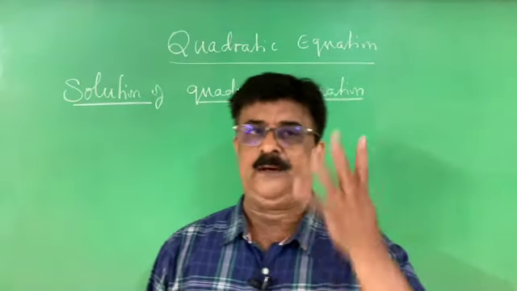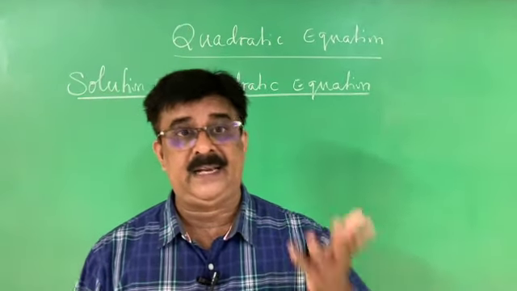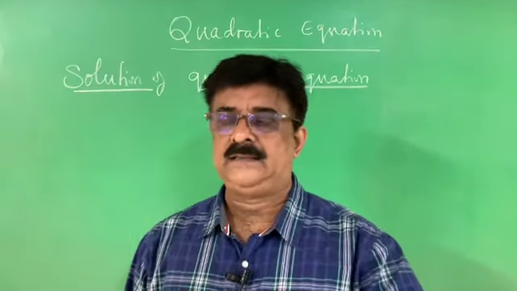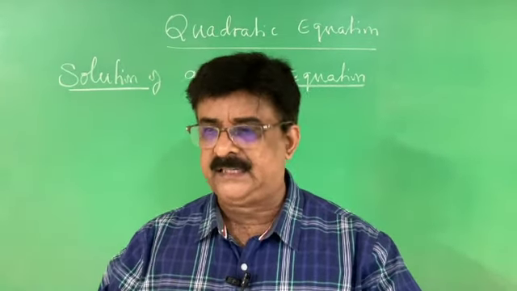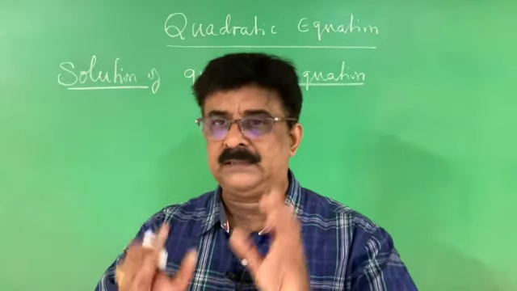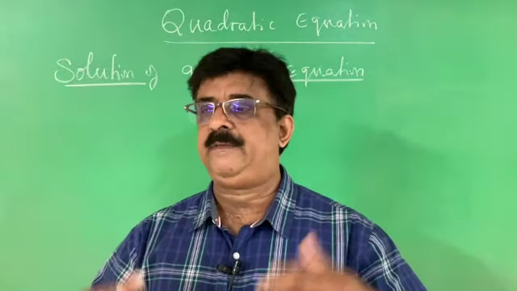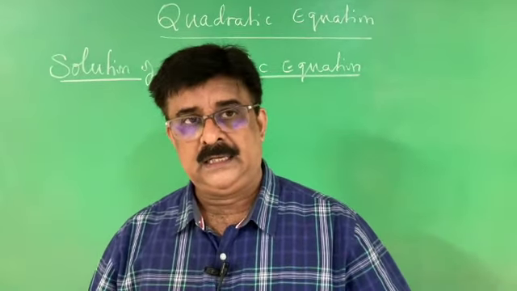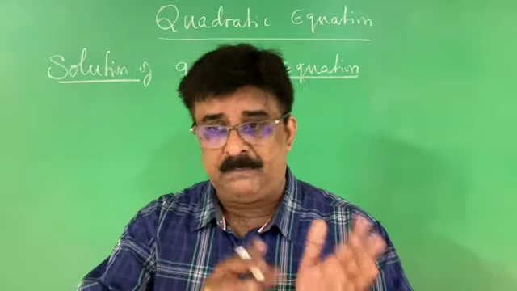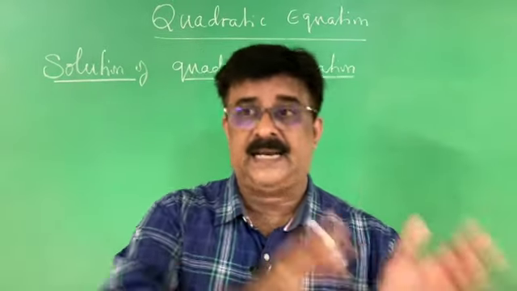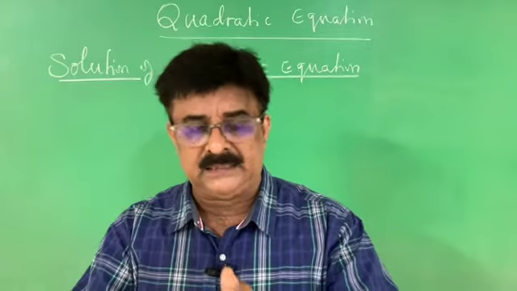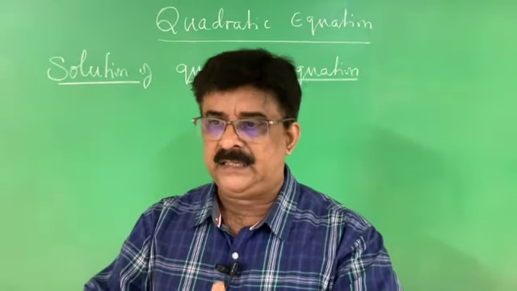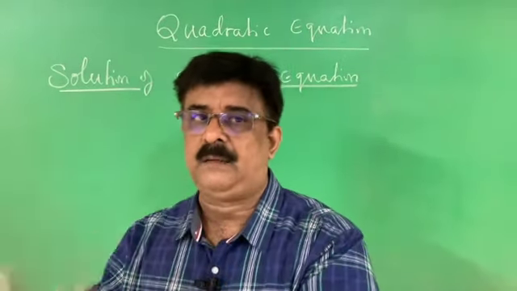Roots means values. These values may be real or imaginary. Sometimes the values are existing values, some number is meaningful. Sometimes we get values that are not meaningful, imaginary numbers. Therefore, numbers are classified as real numbers and imaginary numbers. Real numbers are the existing numbers. Imaginary numbers are non-existing numbers.